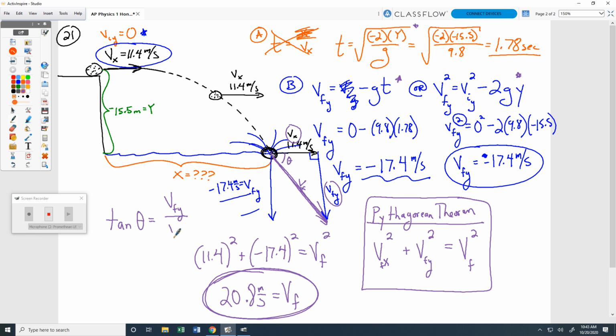So I would add this to my equation sheet as well. Like I said, technically these are all F's, but we're going to find out a little bit later in this chapter these could also be initials, initial velocities, as we are launching stuff. But since in this case all of our motion is initially horizontal, we don't have to worry about it.